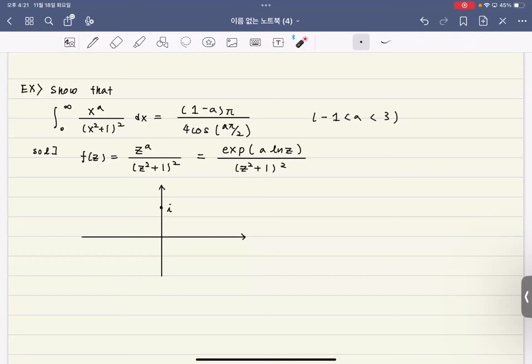Also, you need to realize that this logarithmic function, no matter which branch you choose, is not well defined at this point. So maybe I will need to consider this guy on the top and this guy inside.